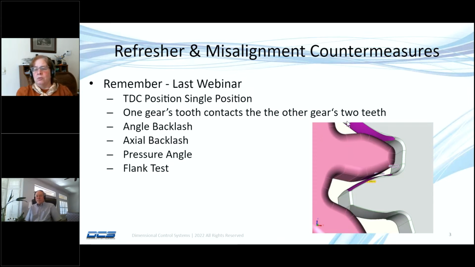So one gear tooth contacting two other gear teeth. And working with those faces, we can measure angle backlash between the two gears, or in fact in the whole gear train, and axial backlash. We can also measure pressure angle and do a flank test and understand where the contact is between these two surfaces.